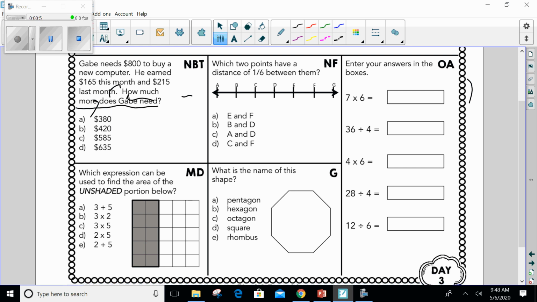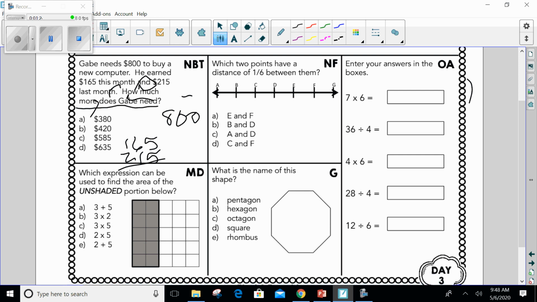But let's look at this. He needs $800. That's how much he's going to need. Well, he earned 165 and 215. Now you can tell me right now, what does that mean? You have $165 this month and 215 last month.